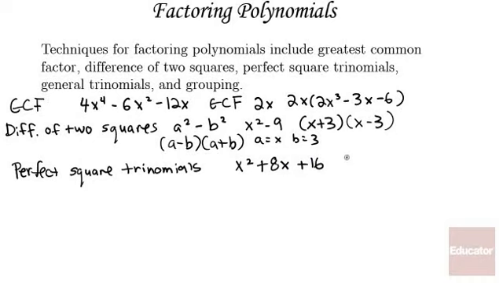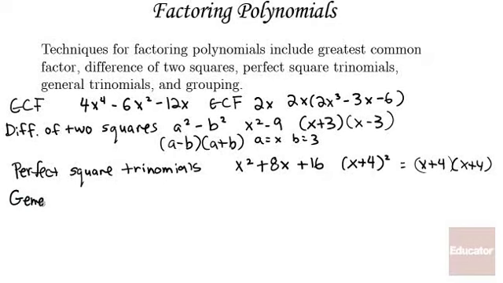This factors as x plus 4 squared, or x plus 4 times x plus 4. All these are covered in detail in earlier lectures, so go back and review these if necessary to make sure you have them down before you work on factoring polynomials.